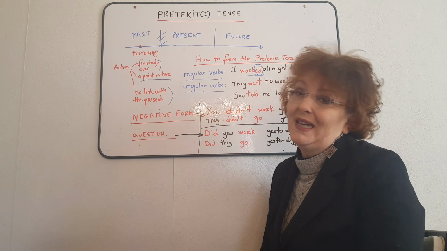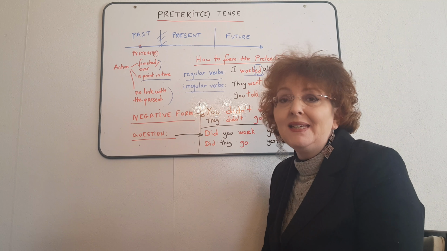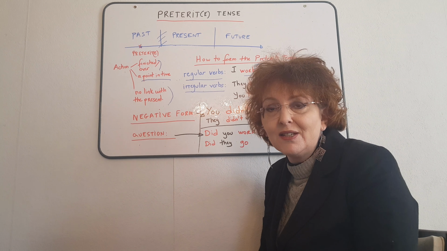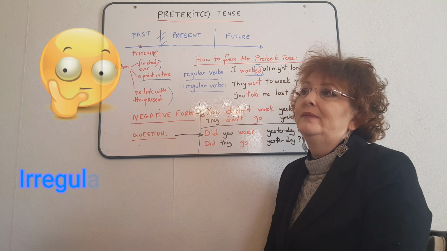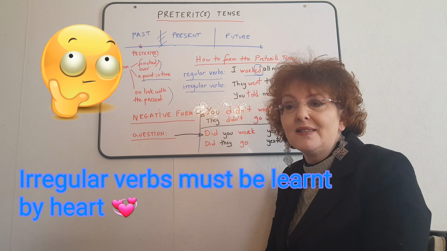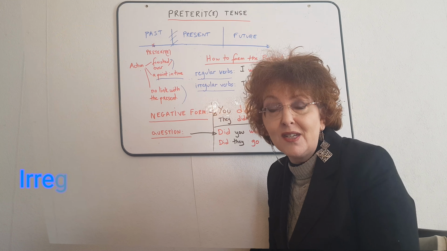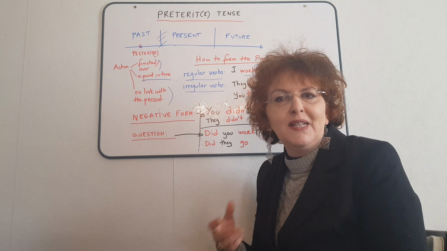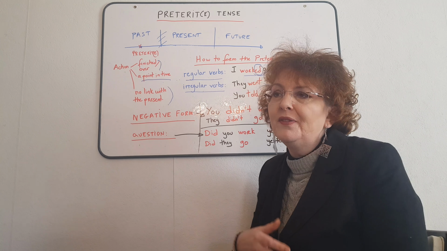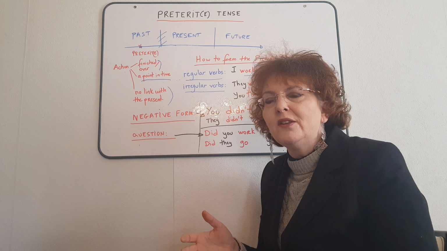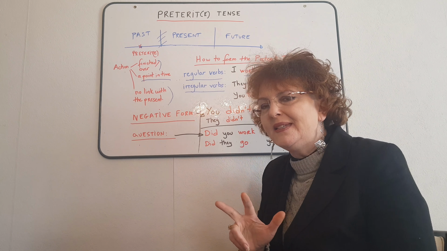But unfortunately, there are also many irregular verbs in English. How do we know how to use them in the preterite tense? Well, it's simple. We have to learn them by heart. You will find a list of irregular verbs on the internet. Try to learn the short list. There are three lists.